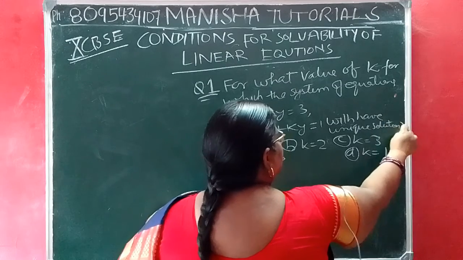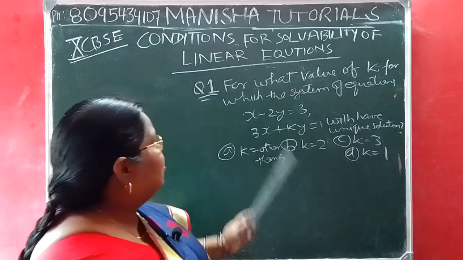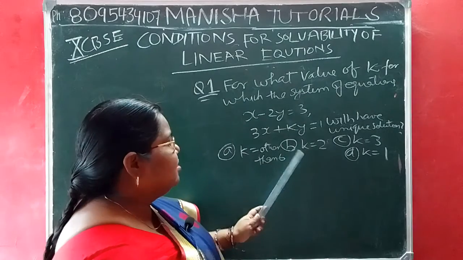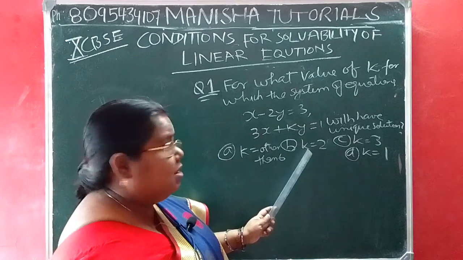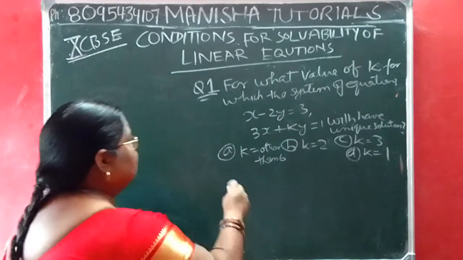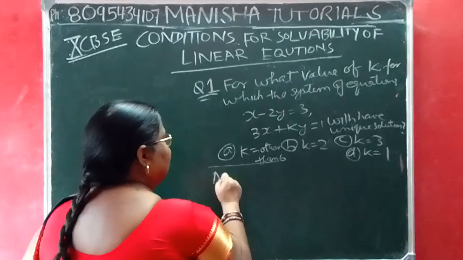Unique solution, correct? First option, k is other than 6; option b, k equals 2; option c, k equals 3; option d, k equals 1. How will you proceed to the answer?